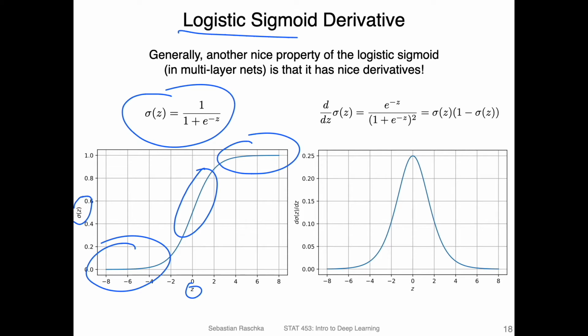Now, on the right-hand side, I was computing the derivative of the sigmoid function with respect to its input. If you use the simple calculus rules, that's how you would compute the derivative of this part, right? Because you have the derivative of the numerator, which is e to the power of minus z, the one cancels, and then you have this square term in the denominator.